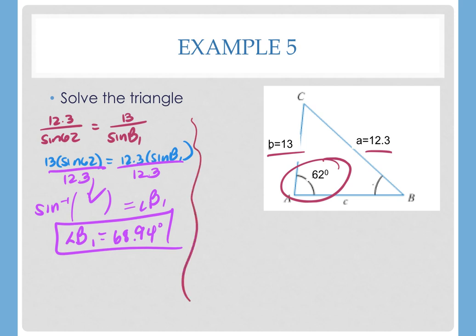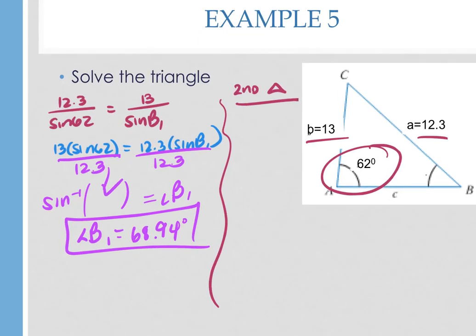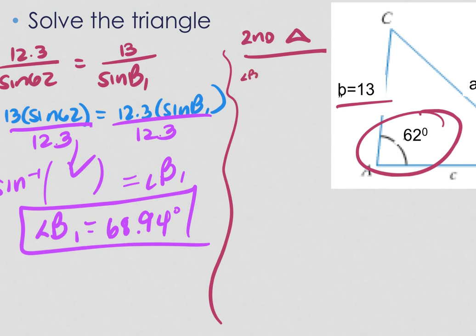And I'm going to check for a second triangle. So we're going to find B2. How do we find B2? Good. 180 minus B1, or the supplement to B1. So 180 minus 68.94. And I get angle B2 is 111.06.